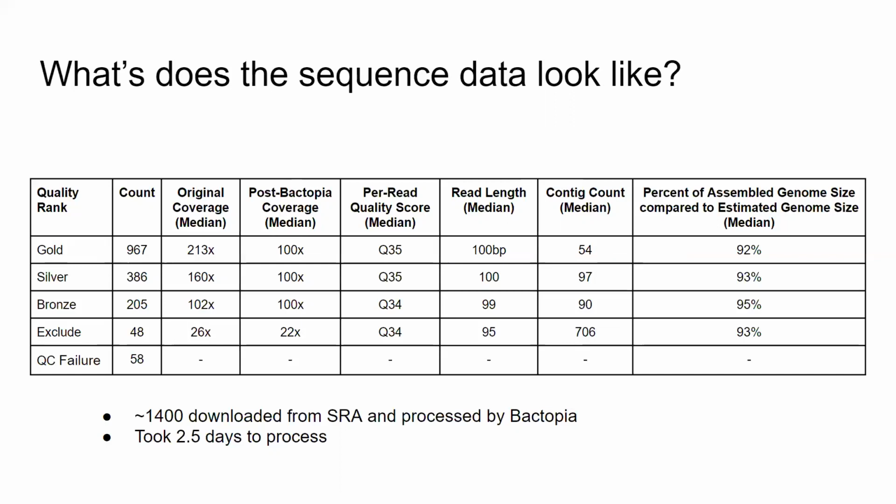So by default, it basically randomly subsamples reads from your data. It'll downsample to 100x.